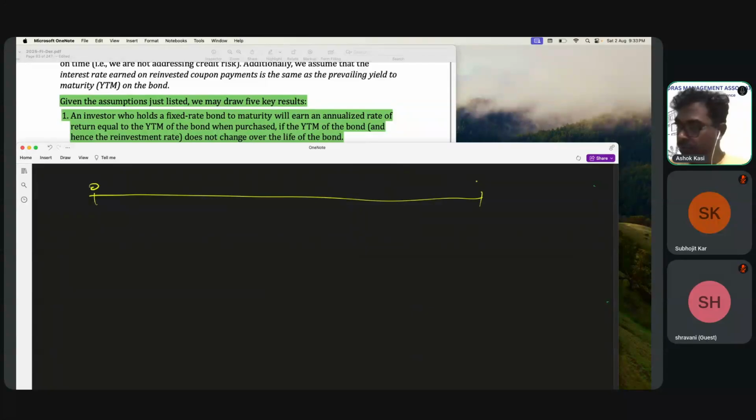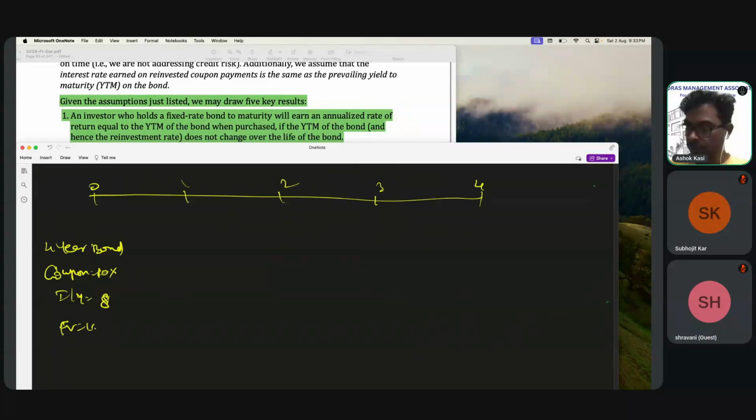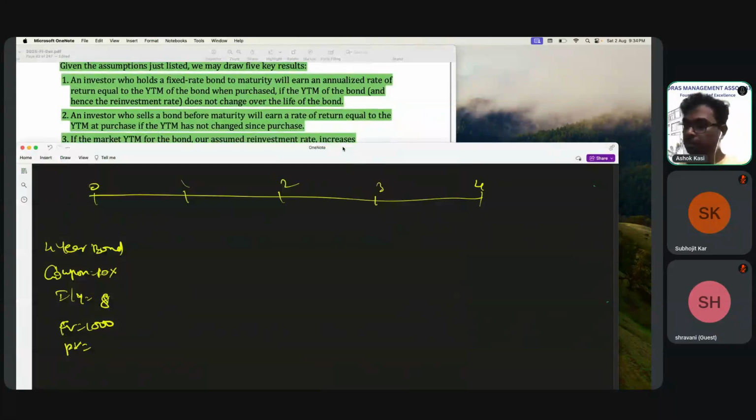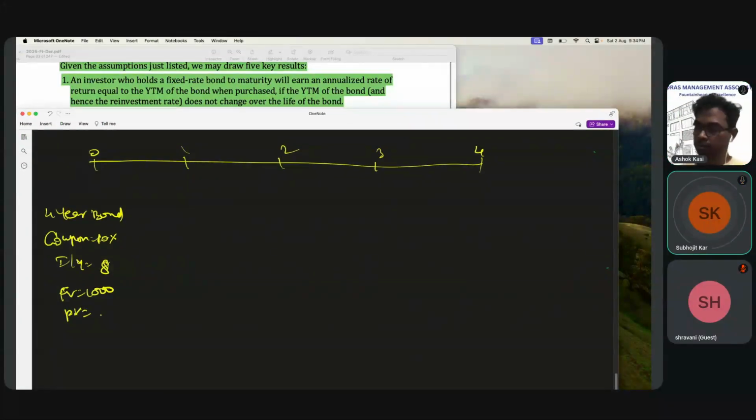imagine this is a 4-year bond, coupon is 10 percentage, IY is, let's say, 8 percentage, face value is 1000. Calculate the present value. $1066.24.